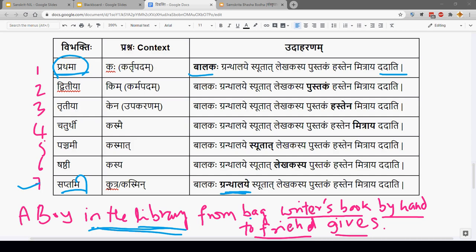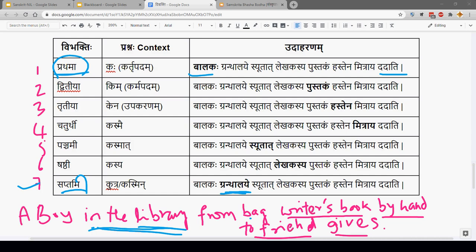But in Sanskritam, mostly we will know the role of a word in a sentence based on its case ending. So here balakaha is in the first case ending, and it is the one performing the action dadati.